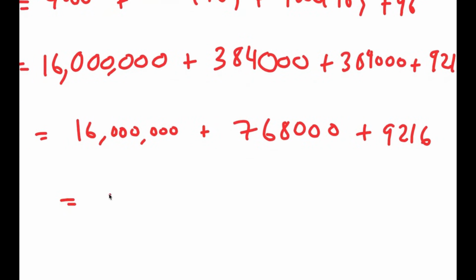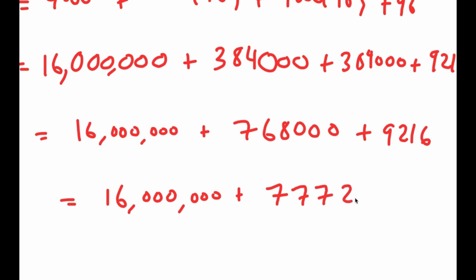Now this is equal to 16 million plus 768,000 plus 9,216, which is 777,216.